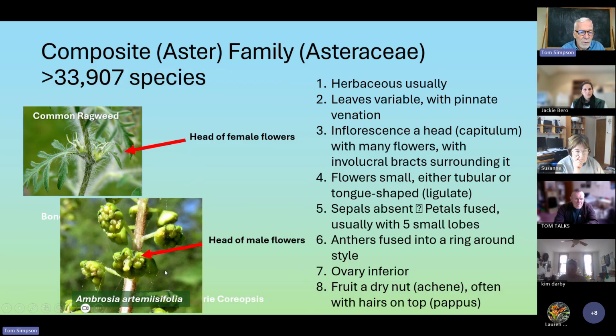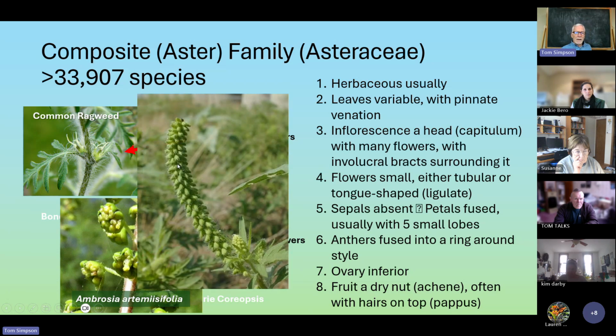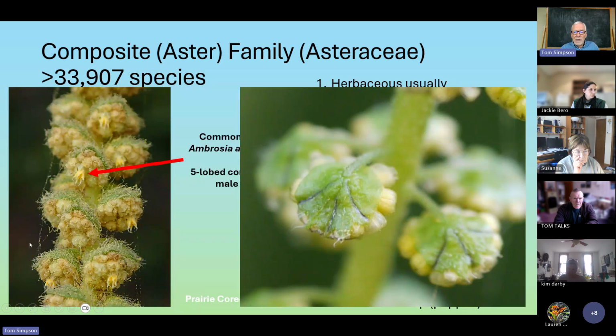And it's the male ones, obviously, that produce the pollen in copious amounts in these long spikes of male flowers. This is my nemesis in the late summer. And there's the close-up female.